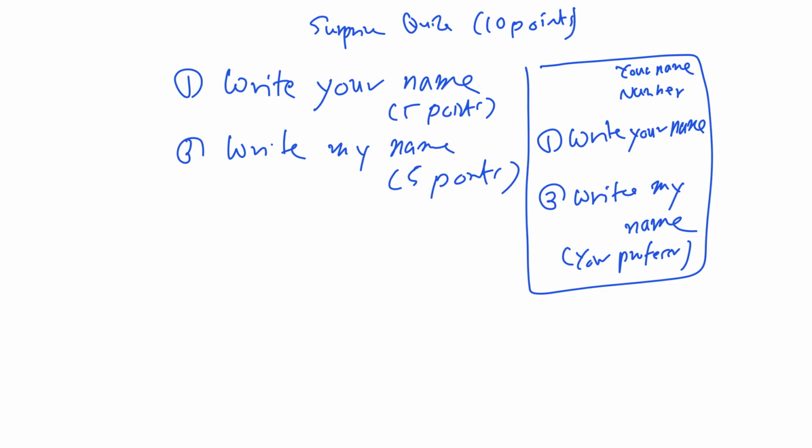It's going to be 10 points. And there is no excuse whatsoever for those who did not come to this class today. So only you can get 10 points. One minute will be enough. Right? Your name and my name. But don't forget to put your name and your serial number, student number, and two questions, 1, 2.